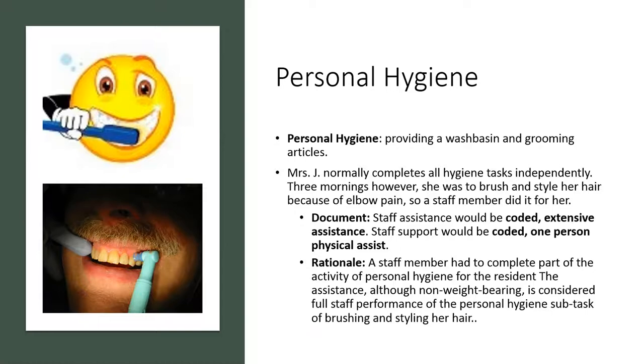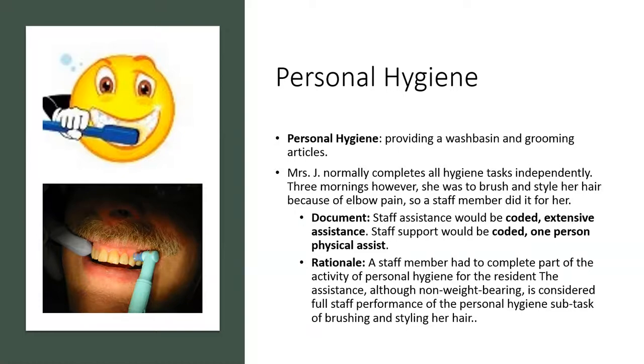For personal hygiene, it could be providing a wash basin and grooming the resident. An example would be Mrs. J normally completes all hygiene tasks independently. 3 mornings, however, she was unable to brush and style her hair because of elbow pain, so a staff member did it for her. How would you document this?